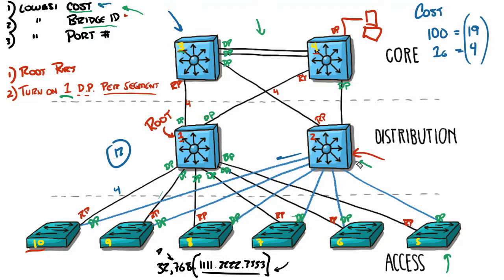Honestly, it doesn't really matter, because at the end of the day we fall down to rule number 3: block anything that's left. These 3 rules will give you a perfect spanning tree network every single time.